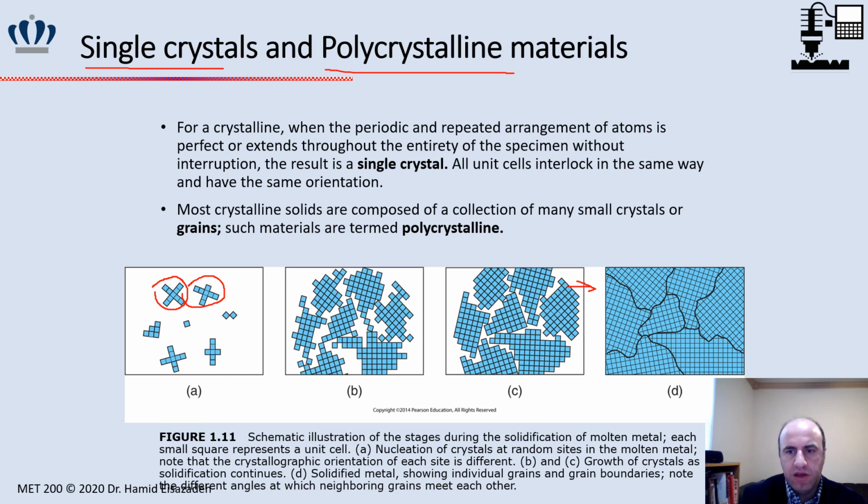Finally, we see grain. Grain means once the material cools completely to solid, we have this interference between different orientations. So each part is called a grain.